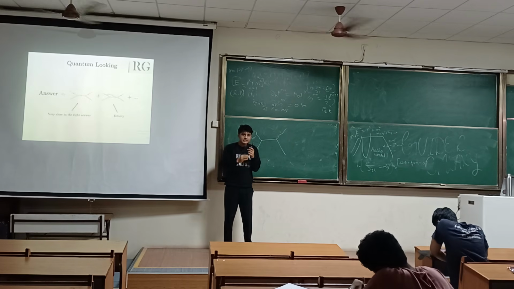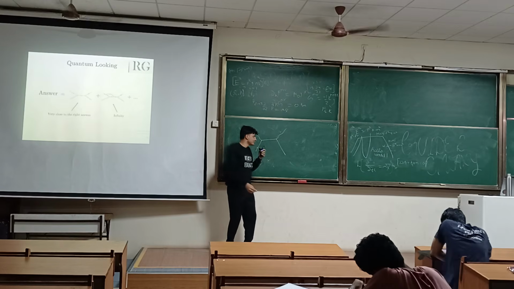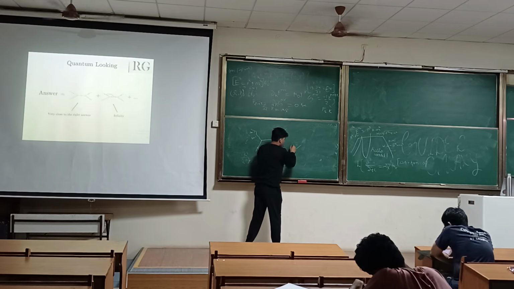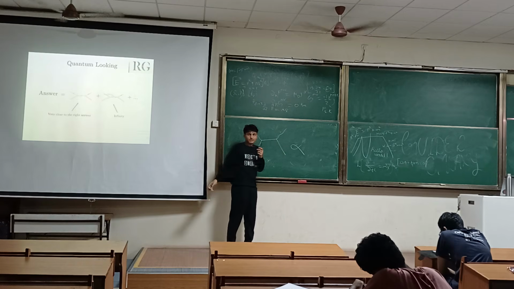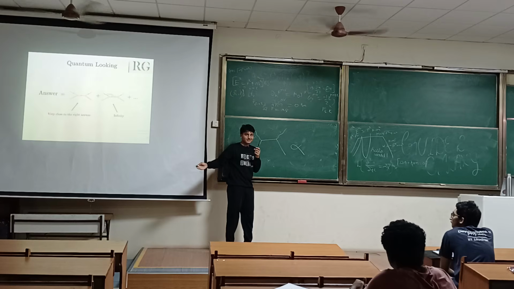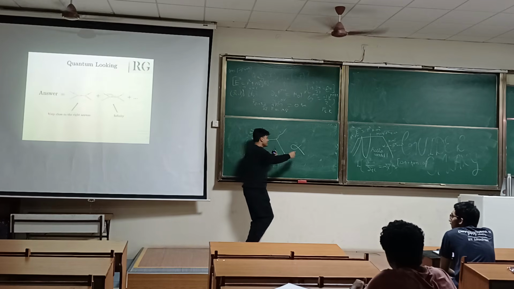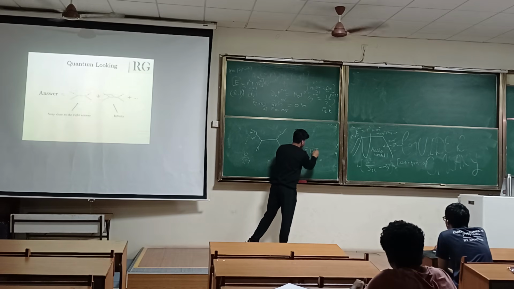Now the probability of this case comes out to be alpha. First of all, what is alpha? The first letter in the Greek alphabet. Here alpha means the fine structure constant, which has a value of 1 by 137.